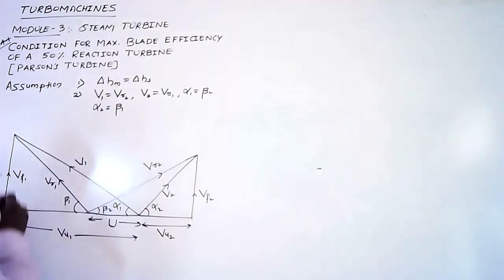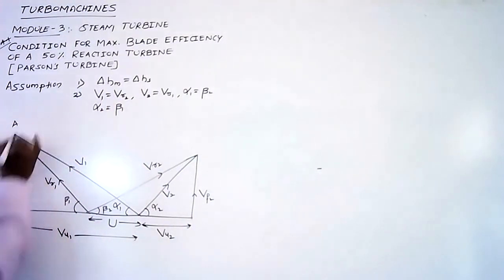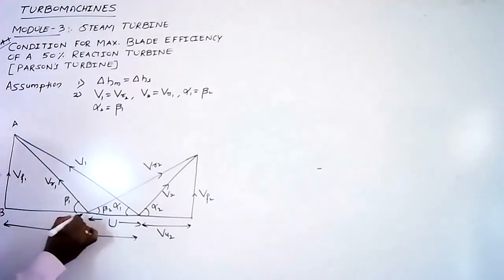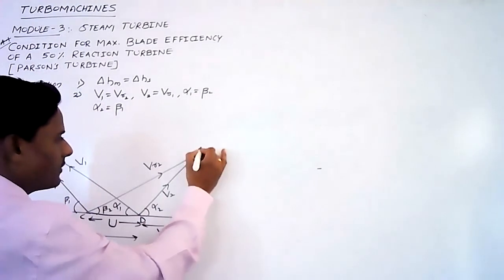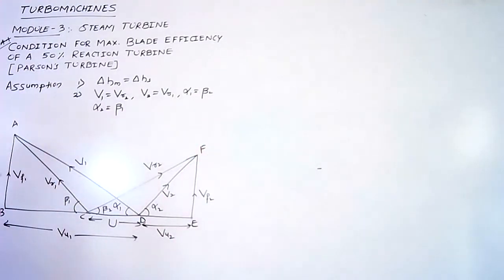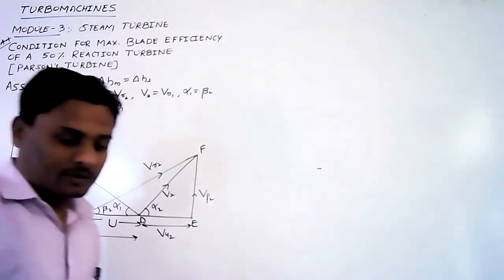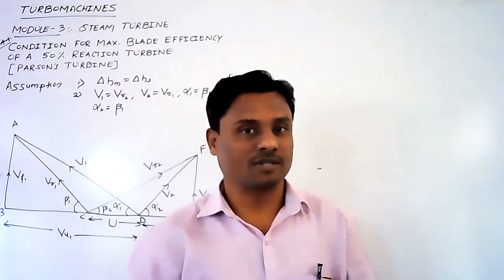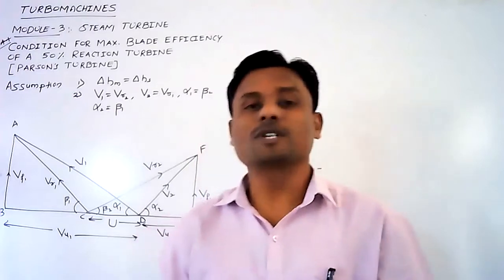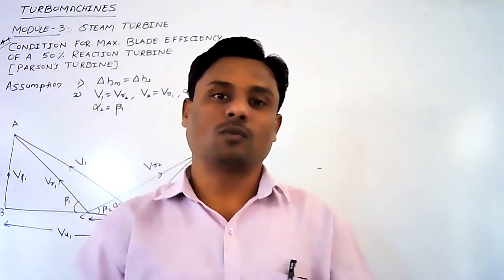Okay. So let us name all these points here: A, B, C, D, E, and F. Now let us derive the condition for maximum blade efficiency of a 50% reaction turbine, for which first we have to get the total work obtained.